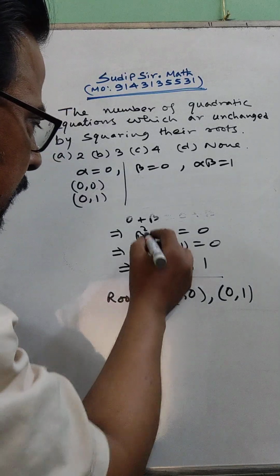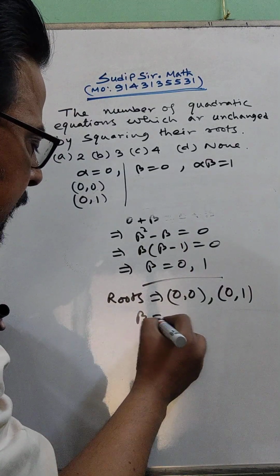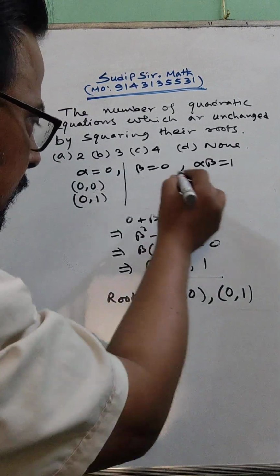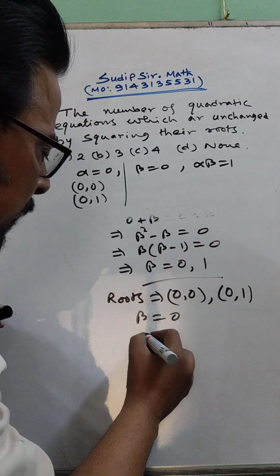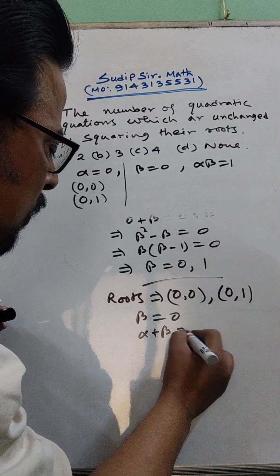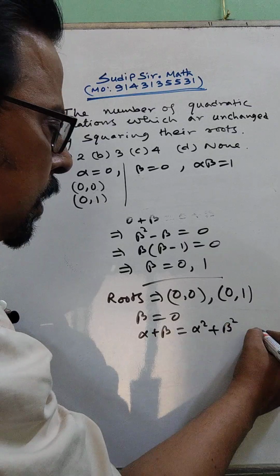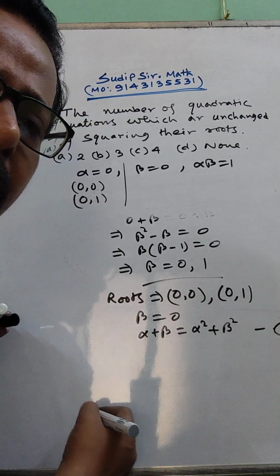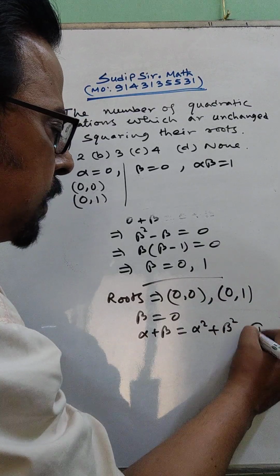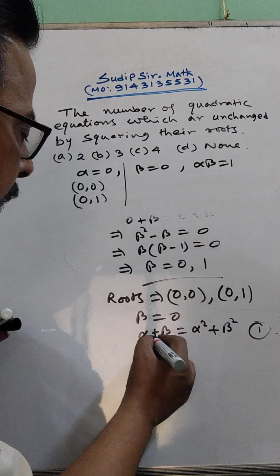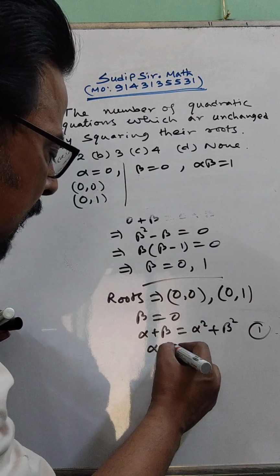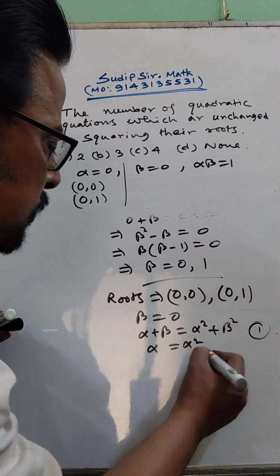Similarly, for the second condition, if beta equal to 0, then our equation is alpha plus beta equal to alpha square plus beta square from condition 1. Now put beta equal to 0: alpha equal to alpha square.